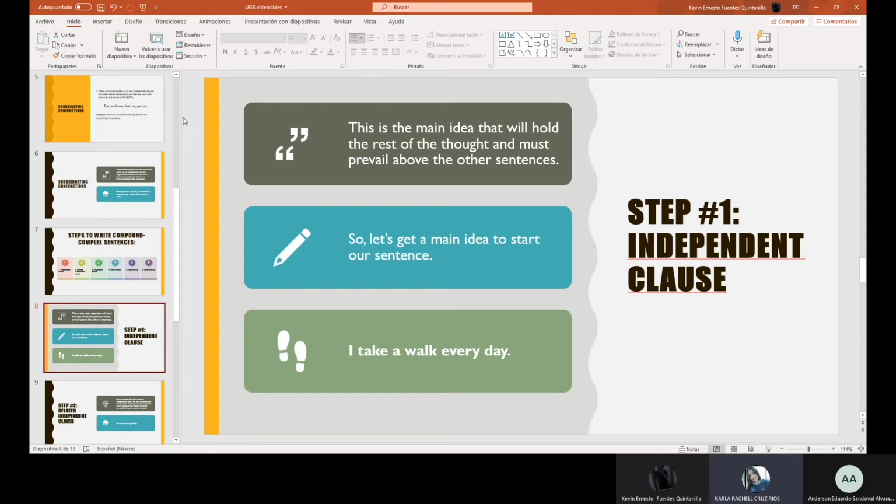And as my classmate was saying, an independent clause is a sentence that can stand alone because it has a completely meaningful idea. And we have an example: I take a walk every day. In this example, we have our subject, verb, and our complement. So that's the first step. Next slide, please.